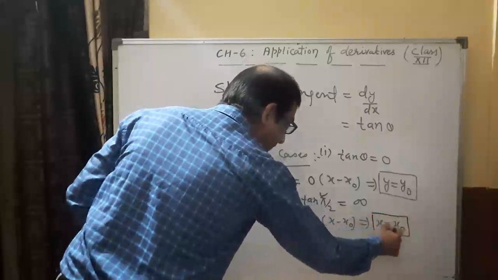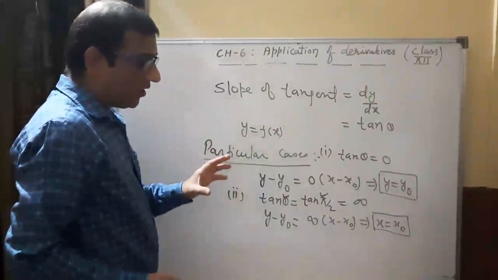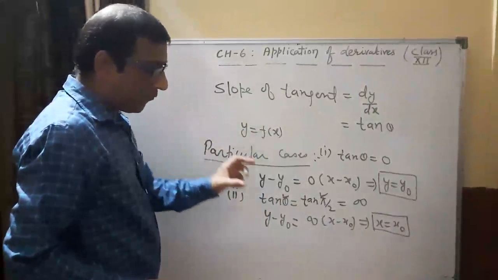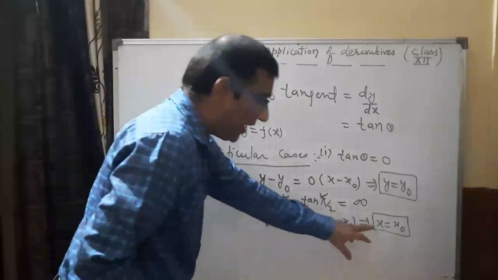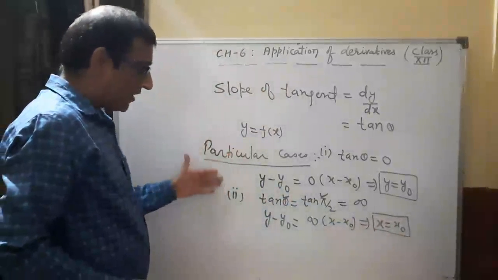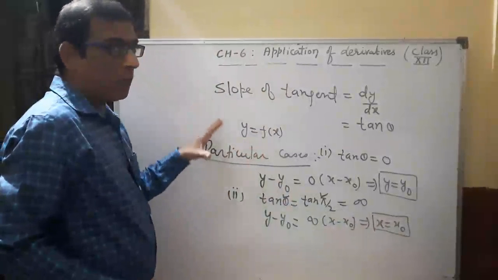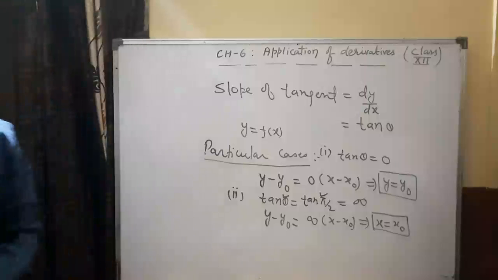It means when theta is pi by 2, the equation of the tangent line at the point (x0, y0) is x equals x0. So these two conditions are the particular cases related to the slope of the tangent.